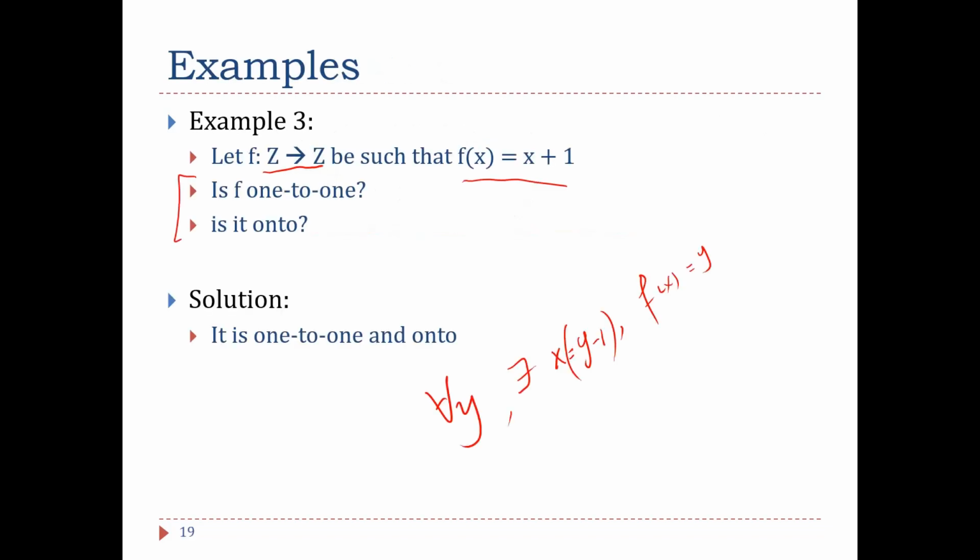This is what I used here actually, okay? In this function, I practically calculated, to show you that all the pre-images exist for any element y, I used the f minus 1.